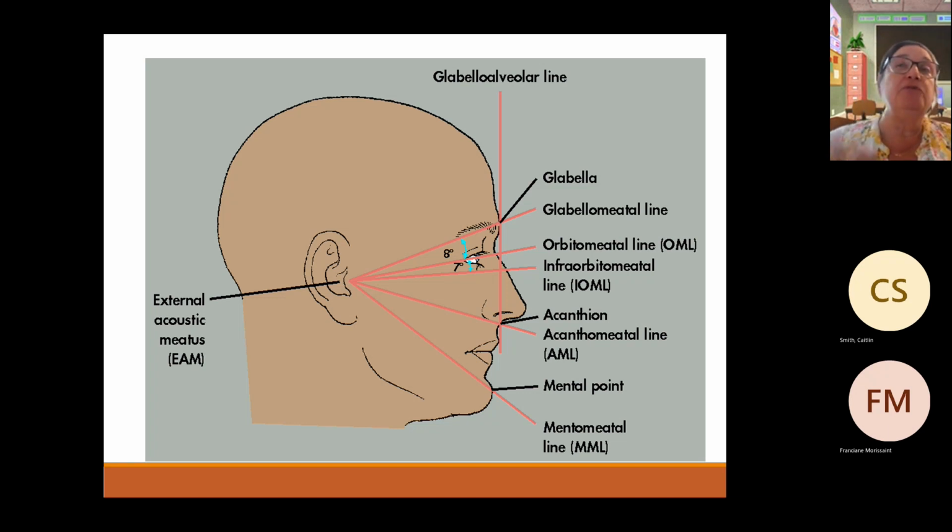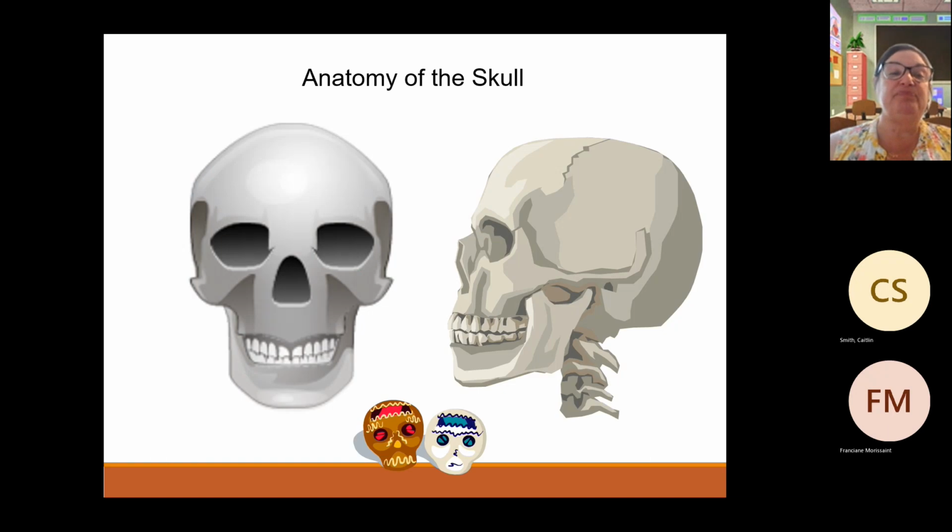So if we were supposed to use the orbitomeatal line, couldn't, and had to use the infraorbital meatal line, we're going to add 7 degrees to the angulation because of it. That's why it's really important to understand the difference. The same thing, the glabellomeatal line and the orbitomeatal line have an 8-degree difference between them.